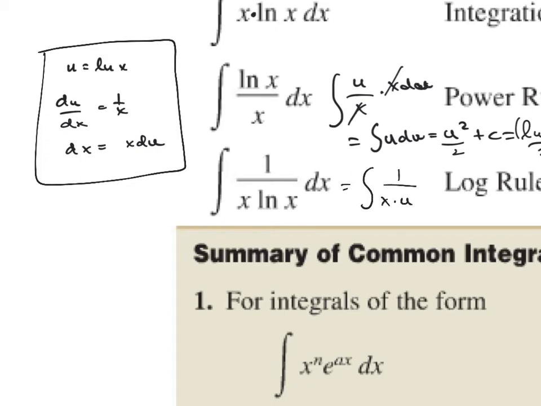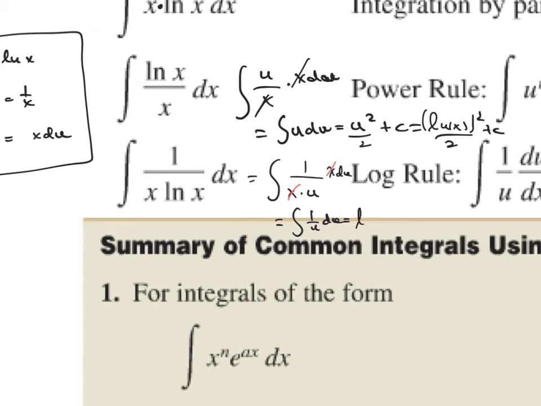And then didn't we have that dx was equal to x du? Well, notice what happens. The x's simplify, and we're left with the integral of 1 over u du. And the integral of 1 over u is the natural log of the absolute value of u plus c. So in this case, it's the natural log of the absolute value of the natural log of x plus c.